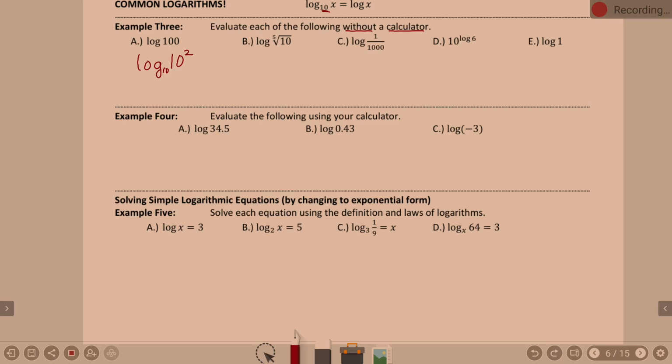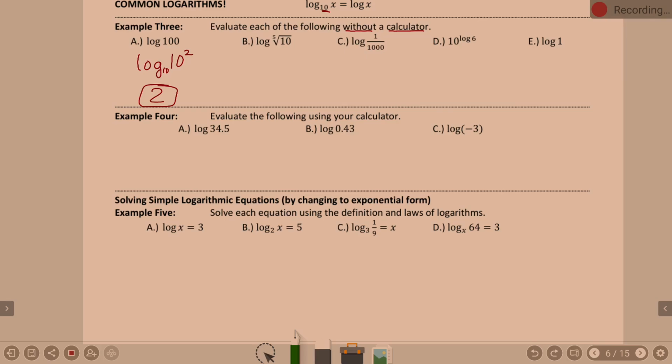Now I'm going to believe you when you tell me the answer is what? 2. Because the 10s match, so it's equal to whatever the exponent is. Okay? So basically, writing log of 10 squared is your proof that you didn't just do it on the calculator. Okay.